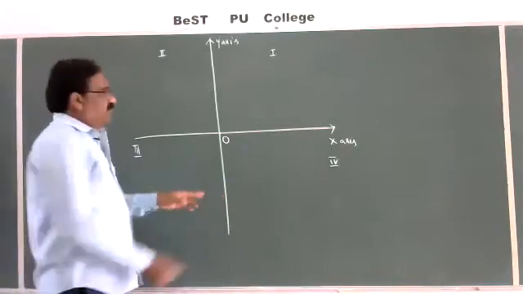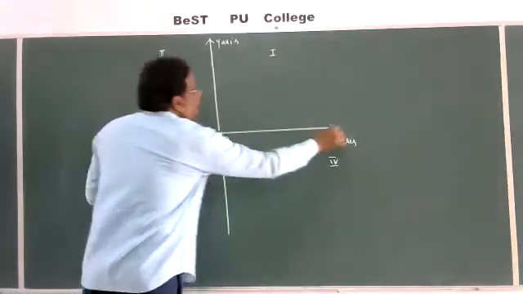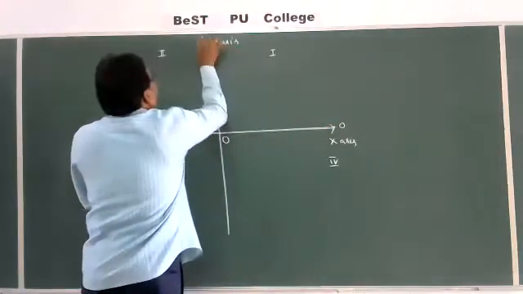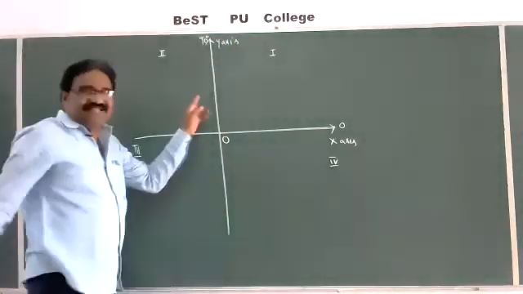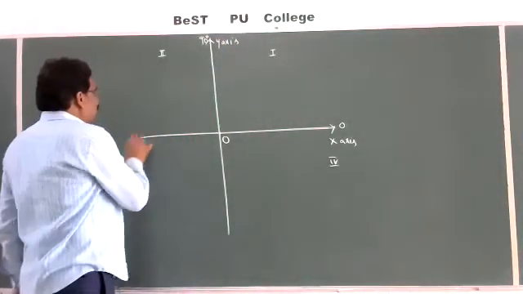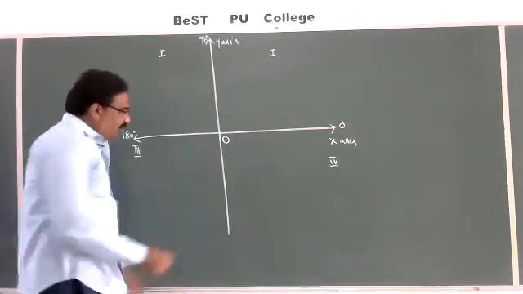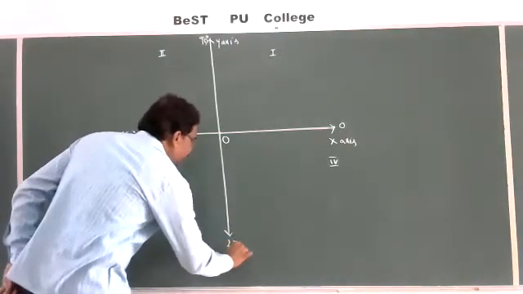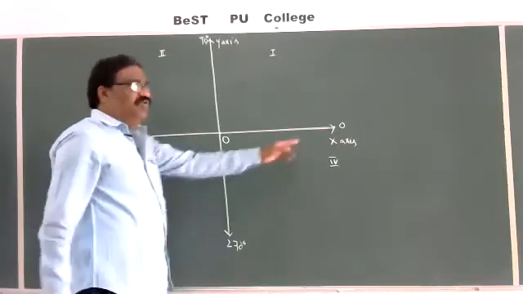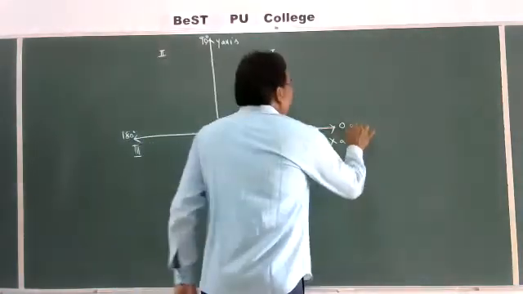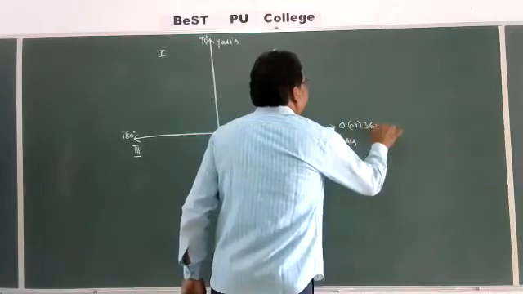You know already, the first quadrant is 0 degrees to 90 degrees, the second quadrant 90 degrees to 180 degrees, the third quadrant 180 degrees to 270 degrees, and the fourth quadrant 270 degrees to 360 degrees.